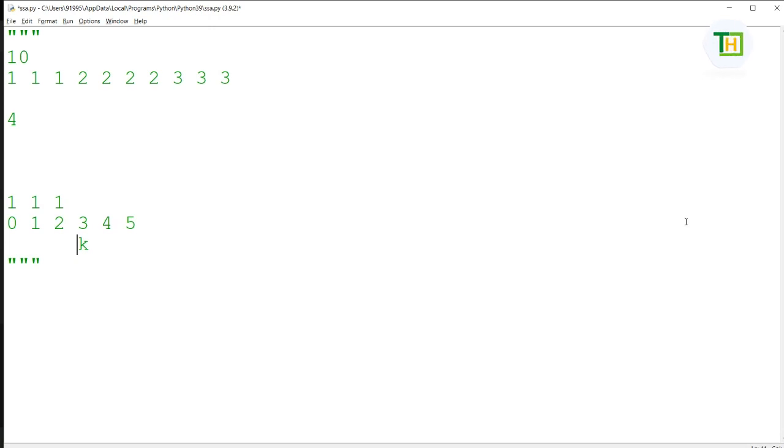And then the next value is going to be 2 here. If you observe it carefully, the new value is going to be 2 here. And what is the value of k here? If you observe, the k value is 3, right? That means the length of the previous one is going to be 3.